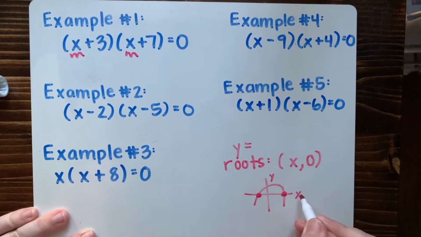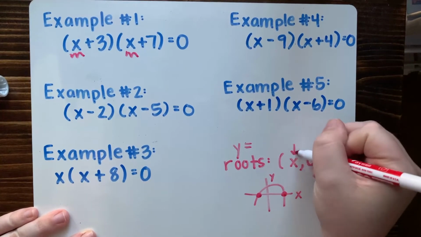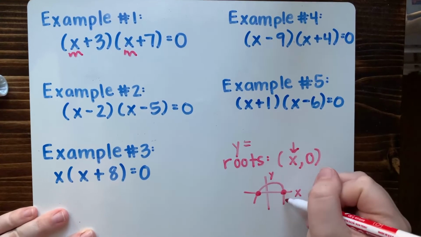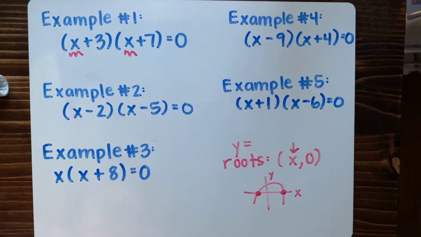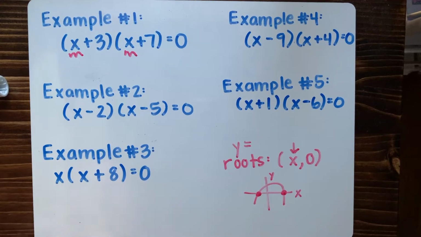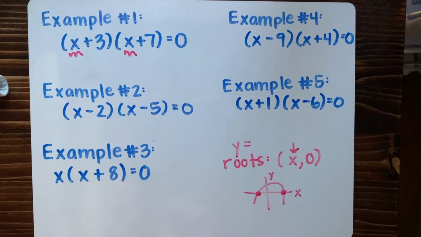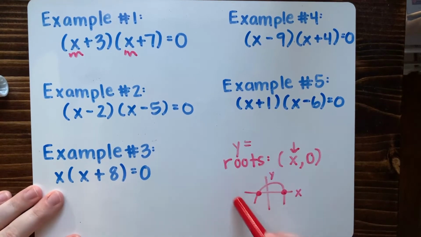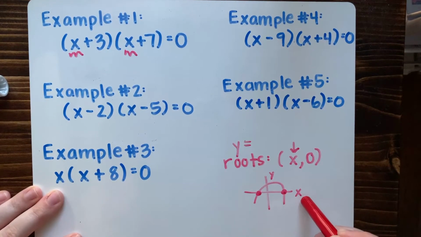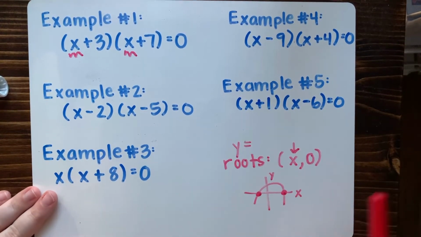They're going to cross the x-axis at an x value. They're going to have no movement up or down. And so that's why we set it equal to 0. And then we're able to ask ourselves, what x values for this quadratic function make this true, and therefore those are the x values where that specific graph goes through the x-axis.